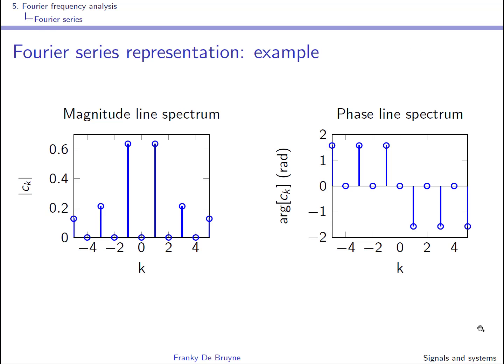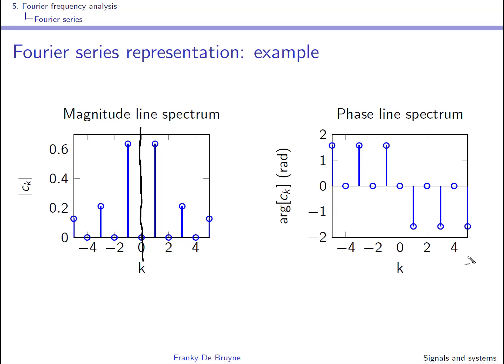So these were the two spectra in the case of our example of the function that is switching between 1 and -1. We do indeed see that the magnitude line spectrum is even and that the phase line spectrum is uneven.